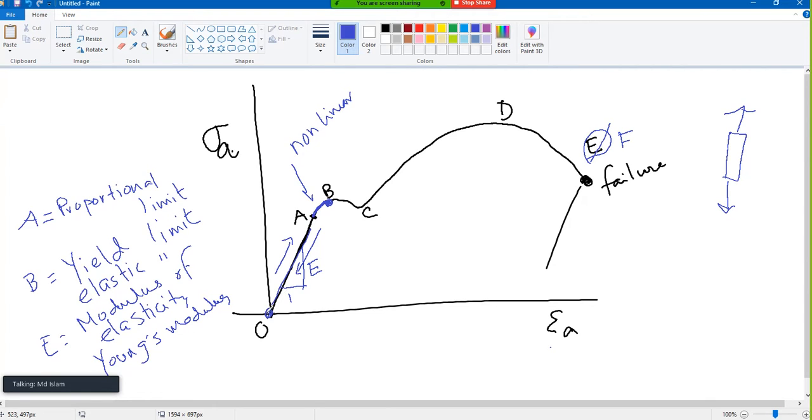Initial portion is linear, so sometimes we call it the initial slope. So initial slope, or slope within the linear portion, or slope within the proportional limit, same thing. That slope is called Young's modulus.